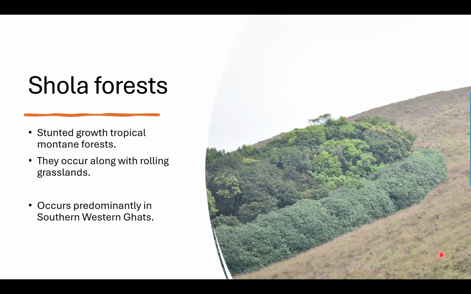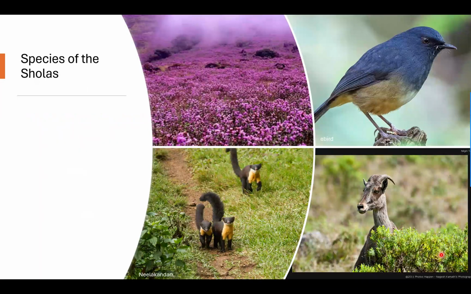And then a shola patch together has both the forest and the grasslands, predominantly occurring in the southern Western Ghats, mostly in Kerala and Karnataka. But there are some places where you get to see them even in the northern part of the Western Ghats. So yeah, some of the species that you get to encounter in the sholas.